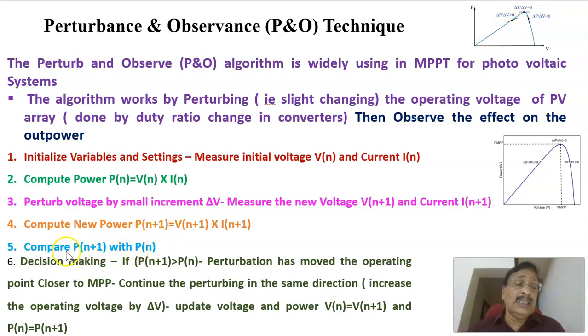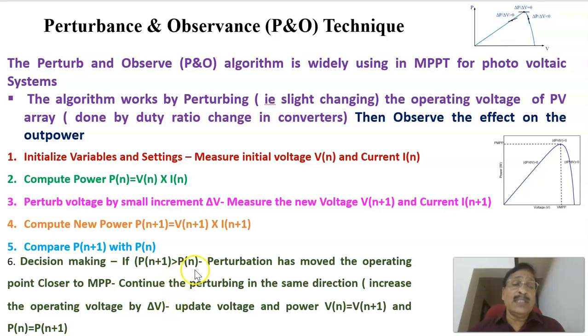Now we compare Pn plus 1 with Pn, that is, the previous power is compared with the present power. If Pn plus 1, the power calculated after perturbation, is more than the previous power, that indicates that the point is moving towards the maximum power point.